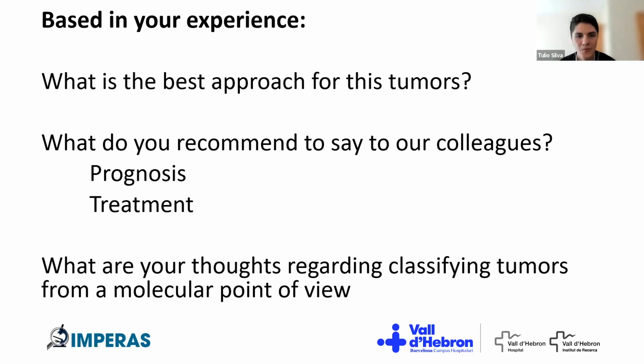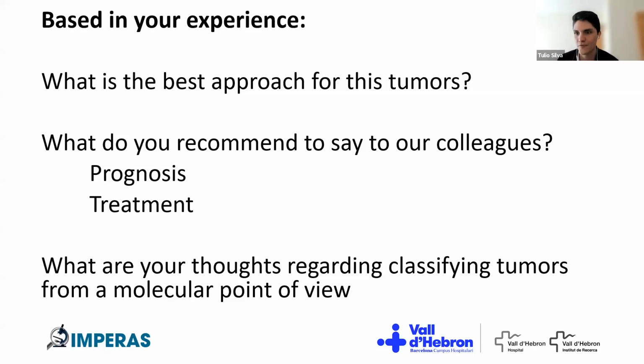Okay. And regarding the second question, what do you recommend we say to our colleagues, oncologists and surgeons, regarding prognosis or treatment? Because I think that's challenging for us when we label this tumor. We state that it is probably in the spectrum of this novel potential new entity.